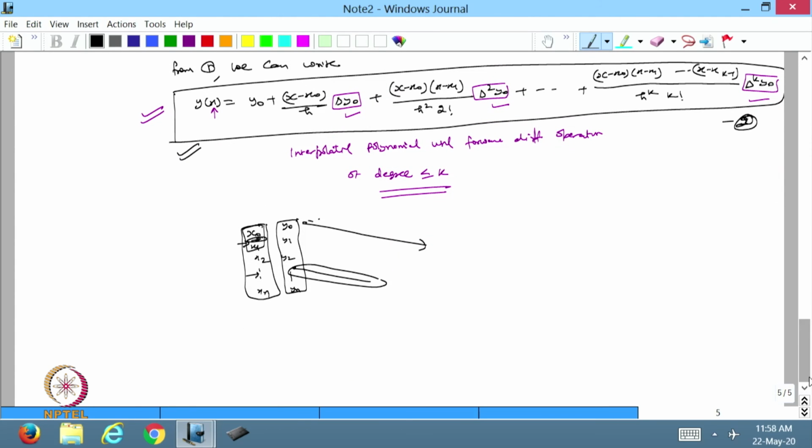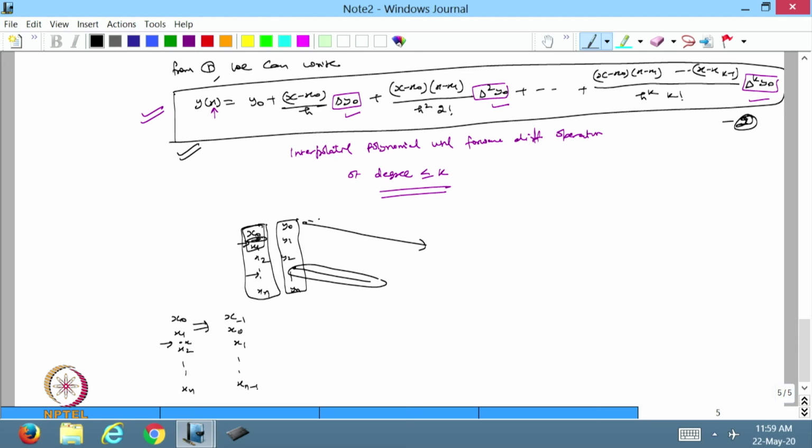But sometimes it may happen that I have the values x0, x1, x2 up to xn, and my x is not lying here, but somewhere here. So, that is my x. In that case, what will we do? We shift the indices. I call x1 as x0, this one I call x minus 1, then x1, and this will be x n minus 1.